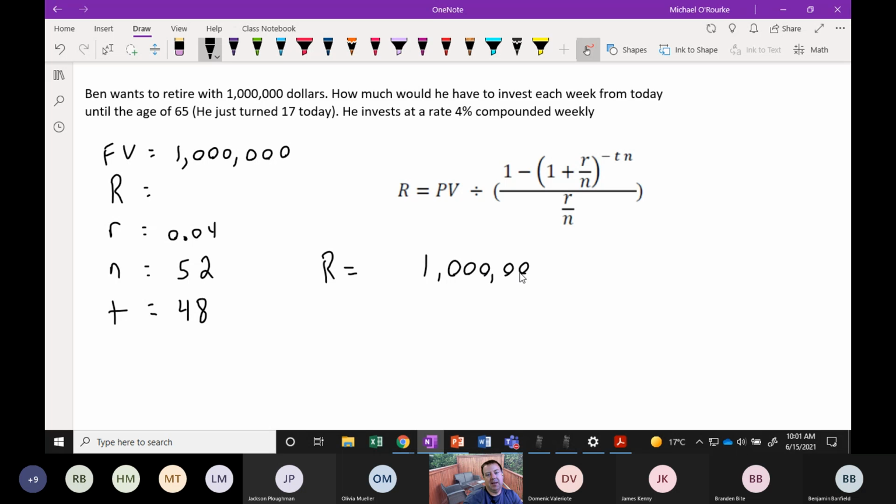Now, I could write this like this. Since it's a divide, sometimes you like to see it like this a little bit better. It's just easier to write in the computer with the divide sign instead of the other way around.